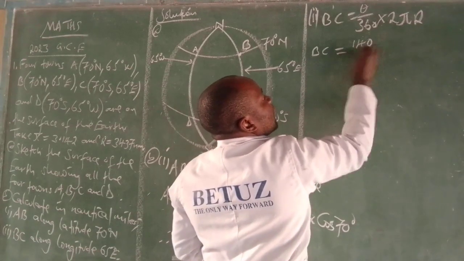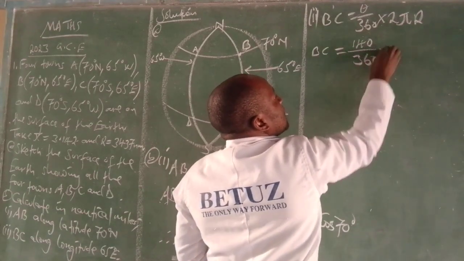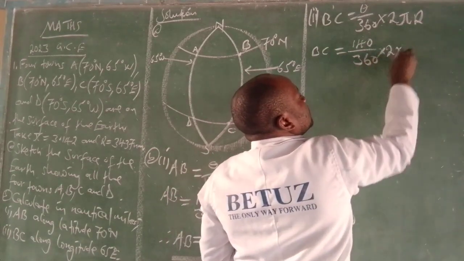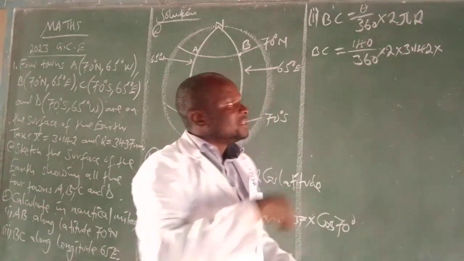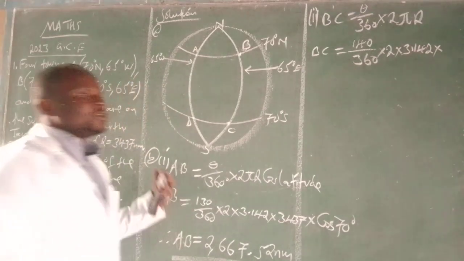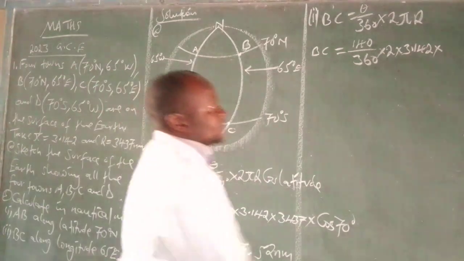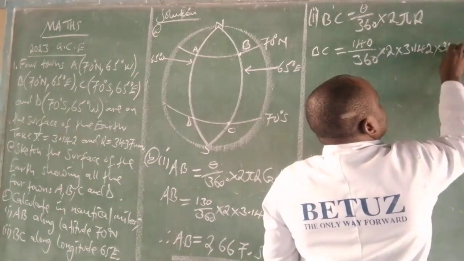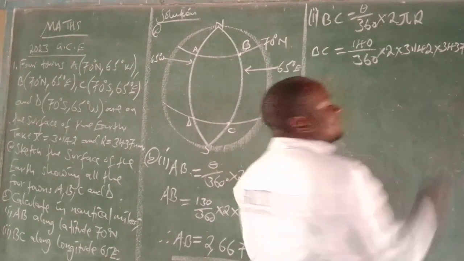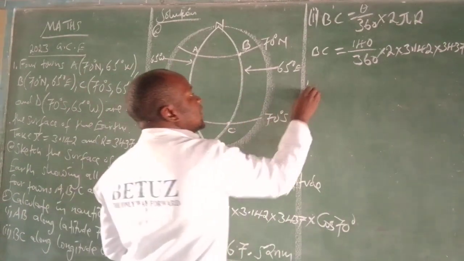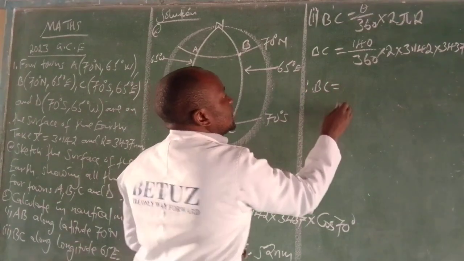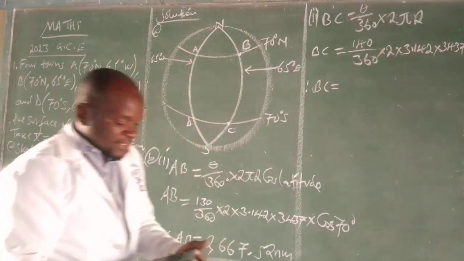We're going to have 140 over 360 multiplied by 2 multiplied by 3.142 multiplied by the radius of the Earth, which in nautical miles is 3437. Then therefore, BC is equal to, we punch those figures the way we are seeing them.